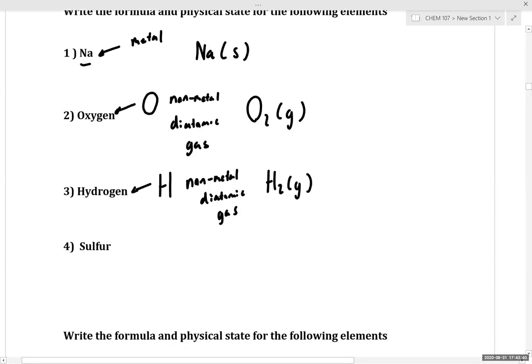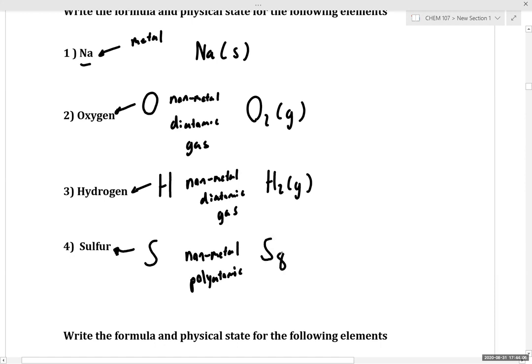For our last element in this problem set, we're looking at sulfur, which is the element with the symbol S. So sulfur is a non-metal, but what's unique is that it's a polyatomic element. And in general, the majority of elements in our periodic table are solids.